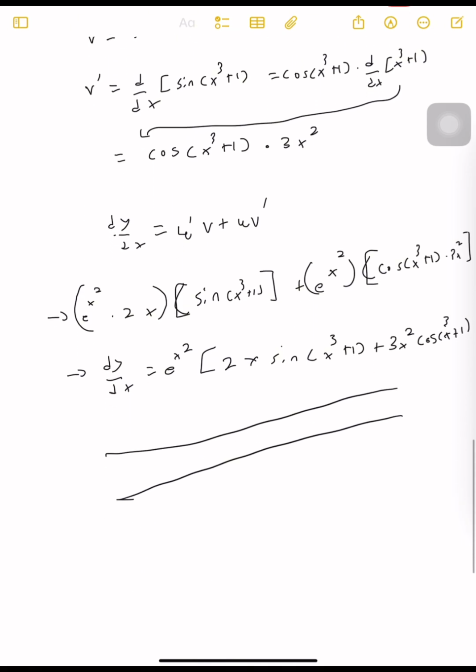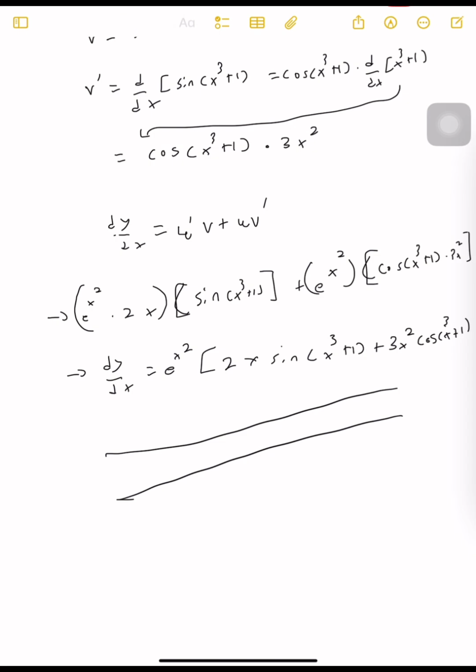So now let's substitute everything into the product rule formula. It becomes (e to the power of x squared times 2x) times sin(x cubed plus 1) plus e to the power of x squared times cos(x cubed plus 1) times 3x squared.